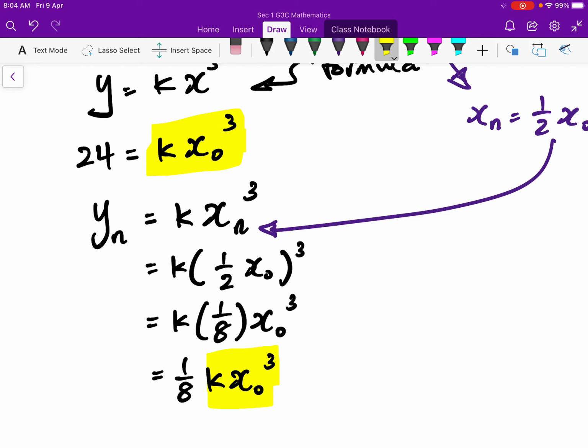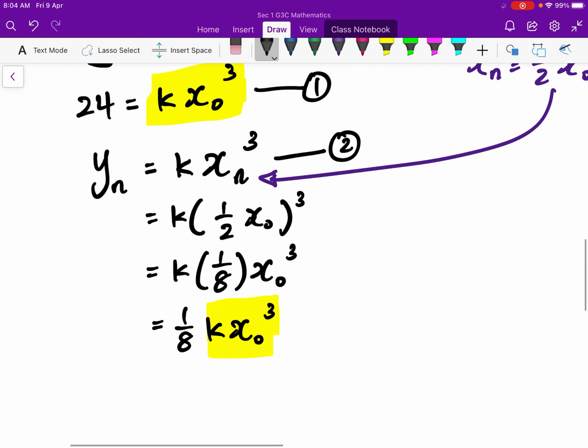Right? And what is this highlighted value? So I brought in earlier the idea of what we did similar to our simultaneous equations. These are two separate equations. And we're going to substitute this value, 24, inside here. So our new y turns out it is going to be equal to 1 over 8 times 24, which is 3.